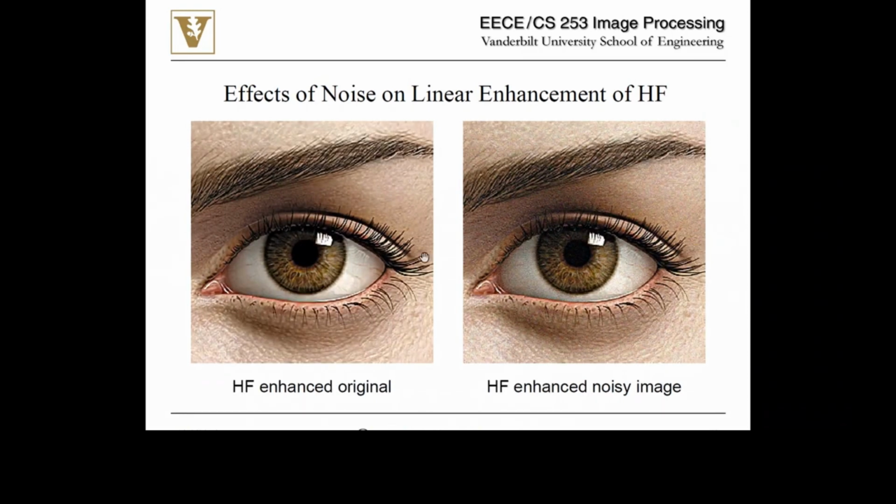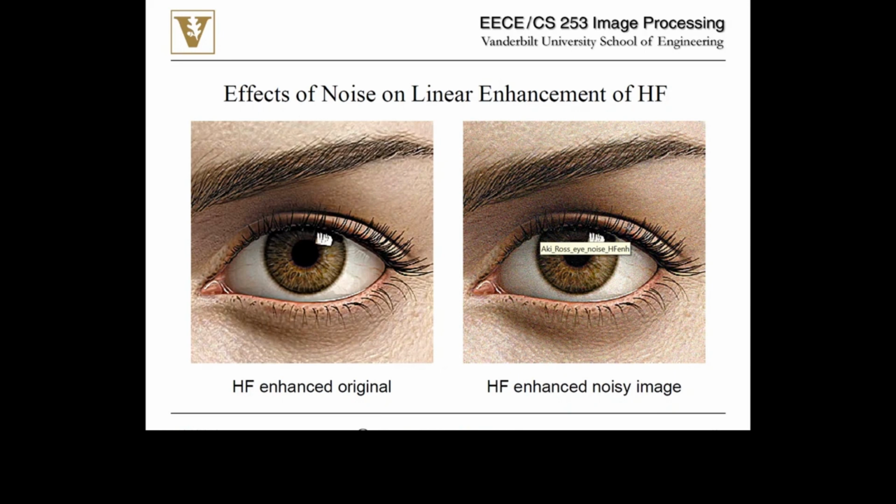Especially in the background, you see that you have a lot of noise. Where you have a lot of details, that means a lot of power coming from the signal. But where you don't have much power coming from the signal, what you see is mostly the noise.